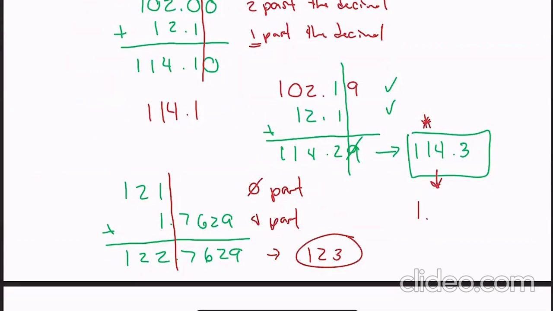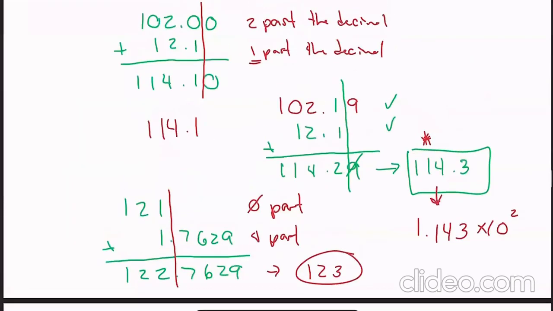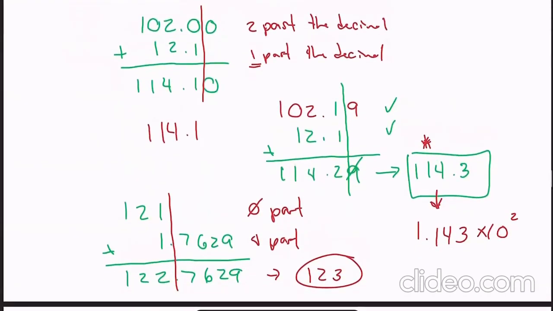So we got 1.143 times 10 to the 2. Right. So I've now converted that into scientific notation, right? So you'll be asked to do something like that in the lab. But definitely a different set of rules here than we see in multiplication and division.